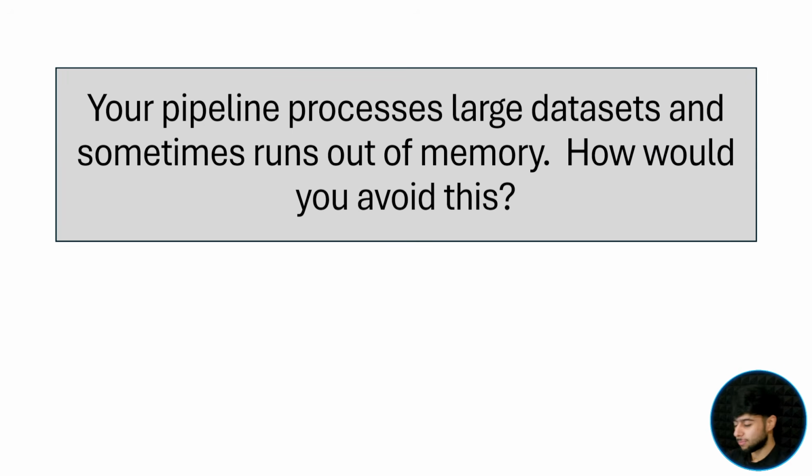So it is saying that you have big data. Let's say you are running your data flows, and you have a data set of big size, and sometimes it runs out of memory. What can you do? In these scenarios, you can do something called partitioning.